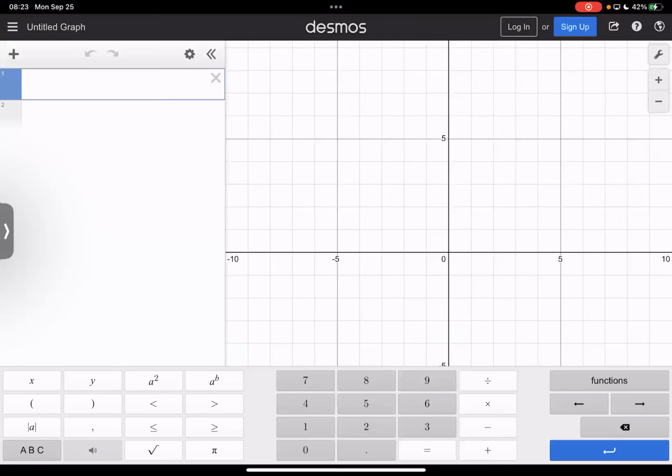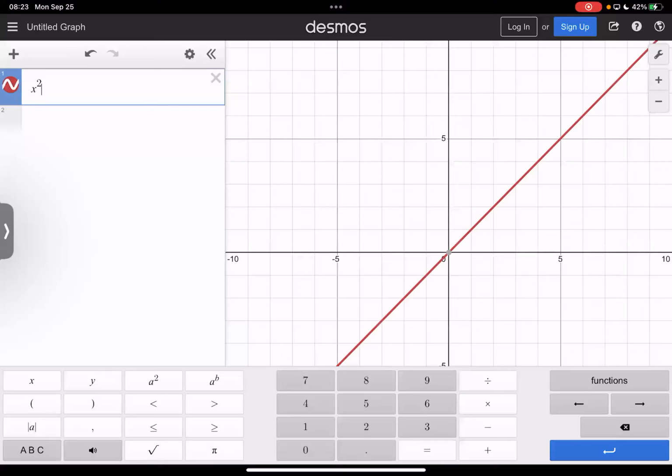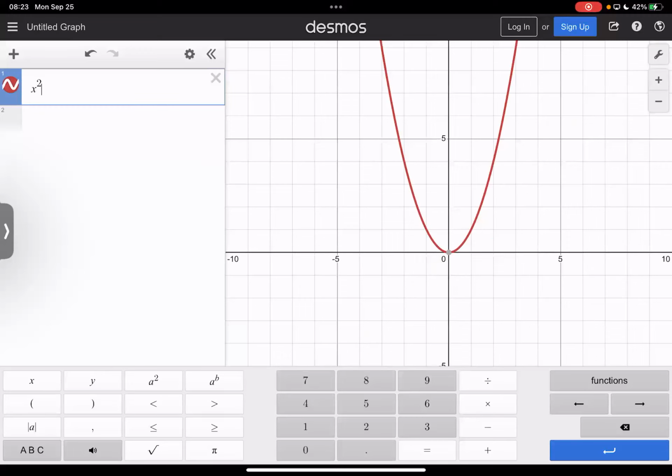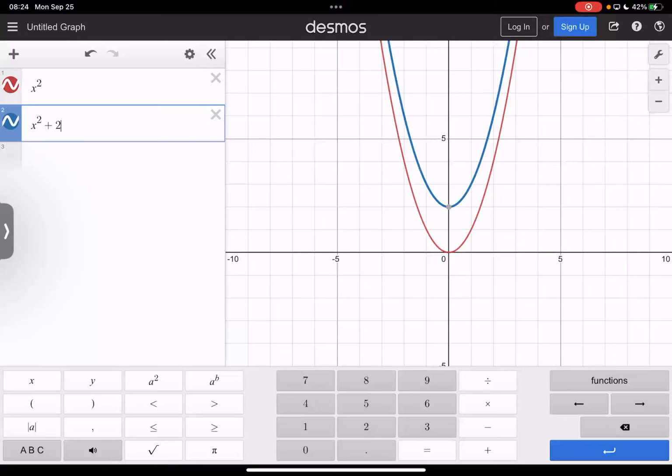Let's do an example where we have x squared, just so we can see how it behaves. Okay, x squared, like I said, it's our go-to function. It's a little bit more advanced, but not too advanced, right? So that's why it's nice to look at x squared. So if you're in Desmos, x squared looks like this. So now I can do things like x squared plus 2.